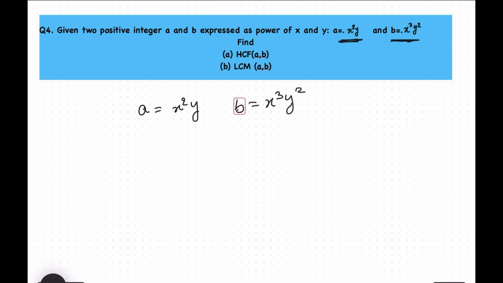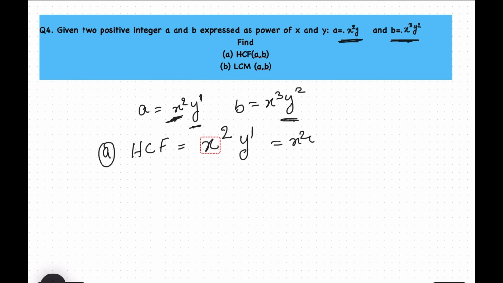When you are finding the HCF, we have to find the minimum power. In the case of x, what is the minimum power? It's square, so write the square. And in terms of y, what is the minimum power? 1, so we'll write 1. So the answer is x square y.